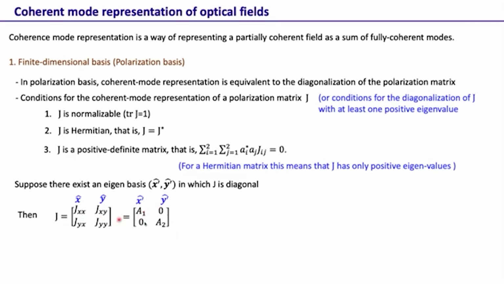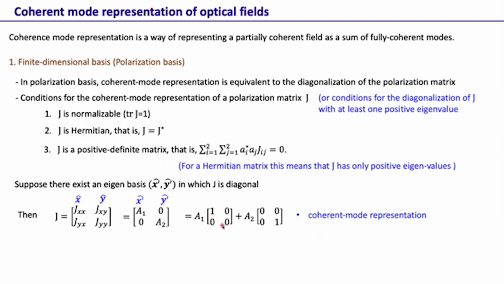This is just a basis transformation, and this 2 by 2 we can write as a1 times [1, 0; 0, 0] plus a2 times [0, 0; 0, 1]. So this is called the coherent mode representation of J.